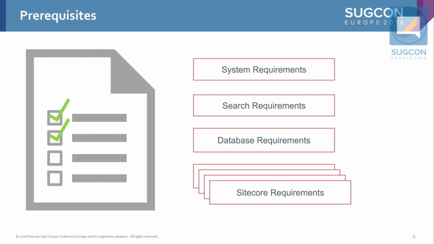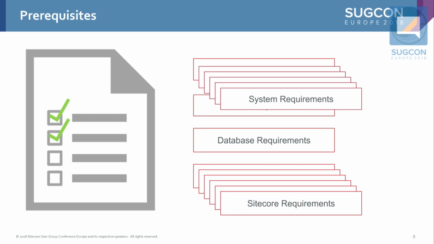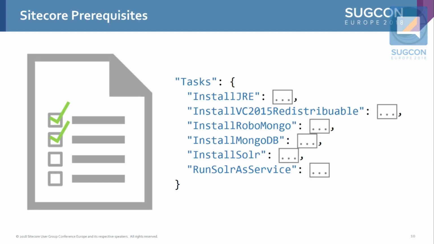And from version to version, the number of these requirements is growing and growing. And with SIF, we can install, as I mentioned, for example, Solr. This installs the Java runtime, and Solr, and runs Solr as a service.